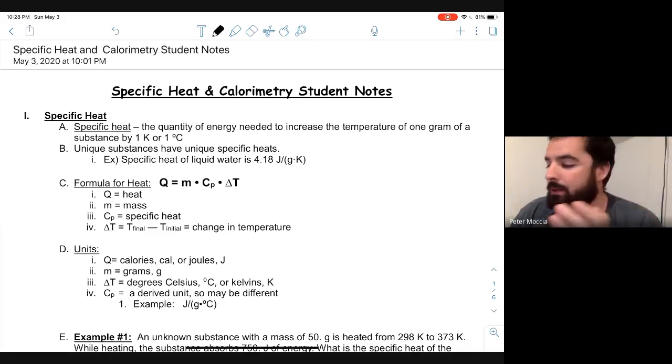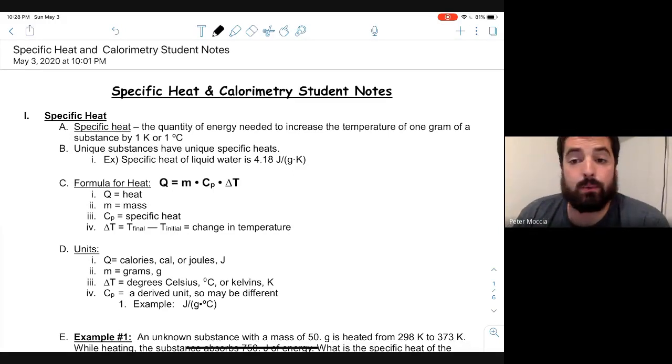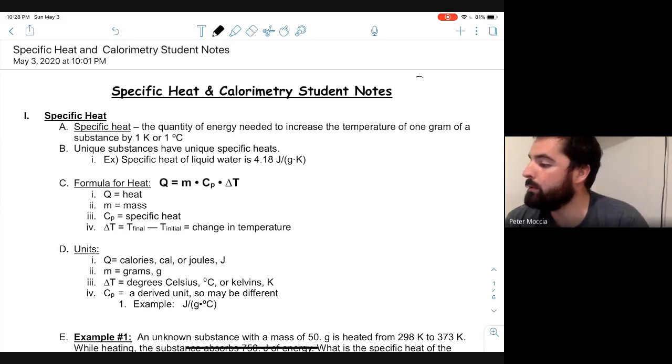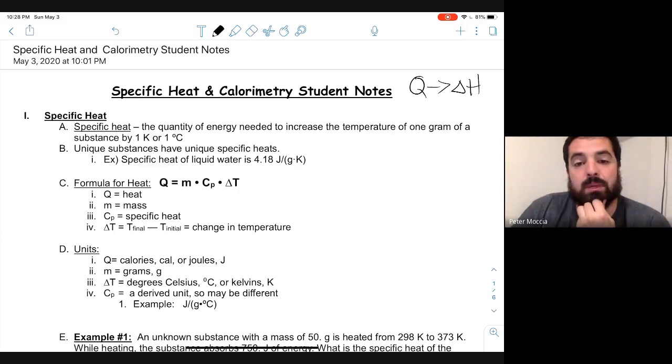Last week we talked about Q, heat, and how to relate Q to delta H, which is the enthalpy. So Q is the heat, right?